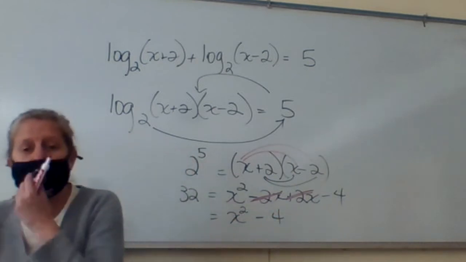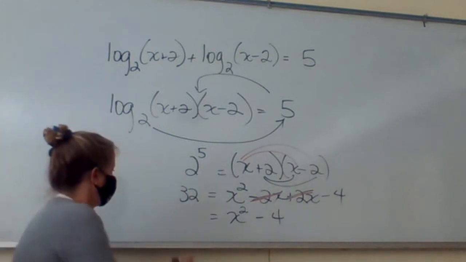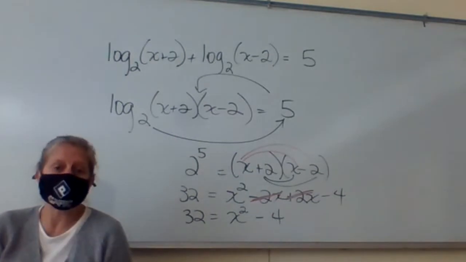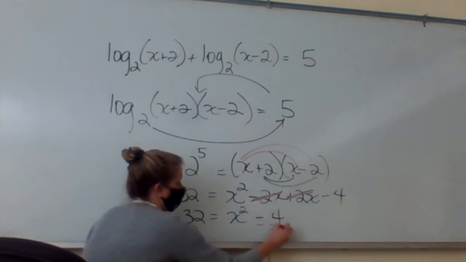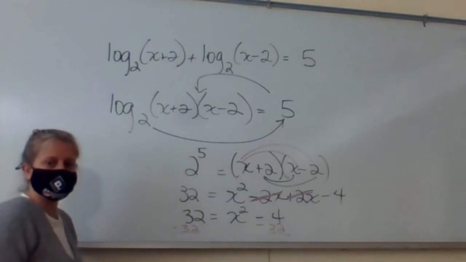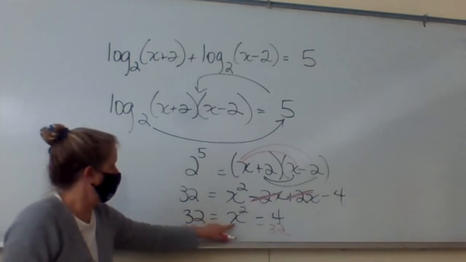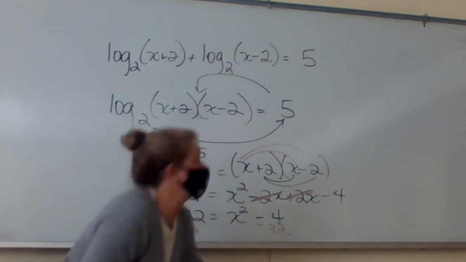But once again, it is an x squared equation, which means I need to set it equal to 0 and either put it in my quad program or factor it. So I need to subtract 32. On the left side, I've got 0 equals x squared minus 36.